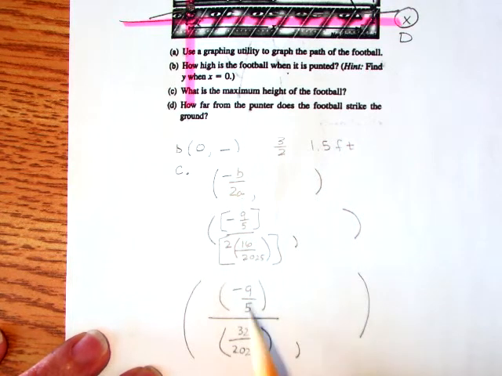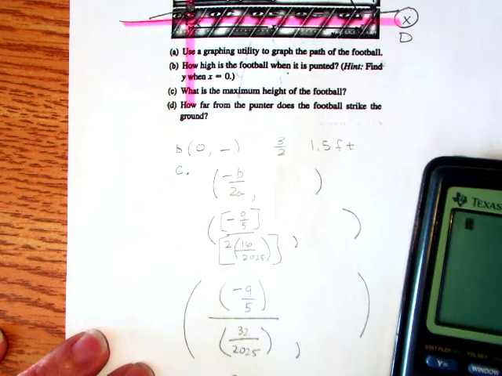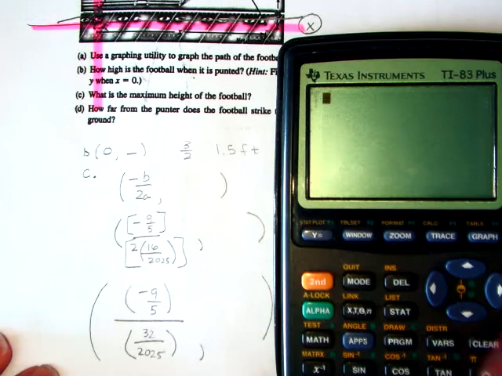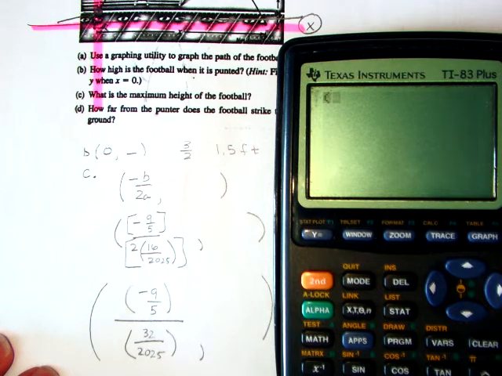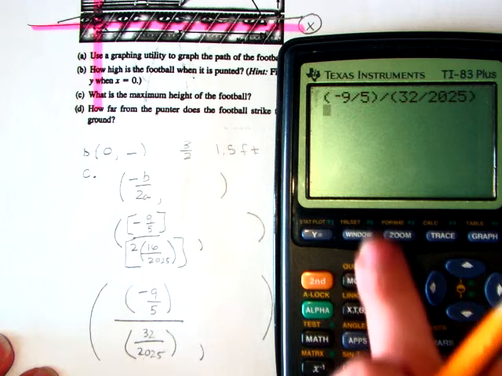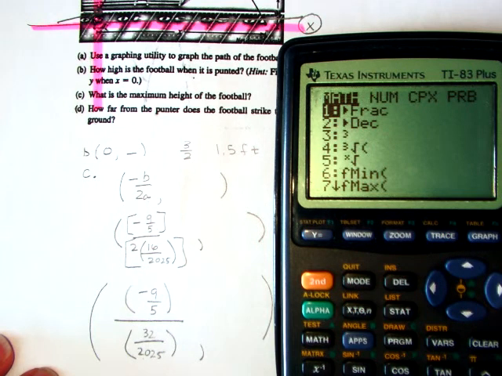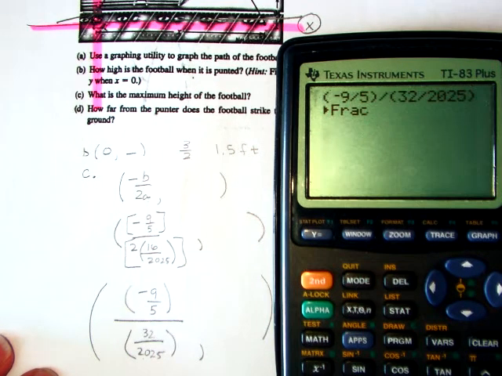I would take negative 9/5 times this, or I can go to my calculator and let it do the work. So I can say negative 9/5 divided by, going back to this statement here, 32 divided by 2025, and then I'm going to ask it to give me my answer as a fraction, option 1.